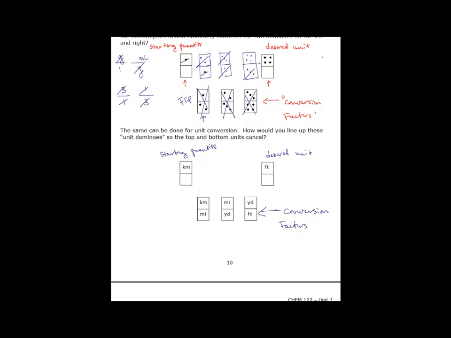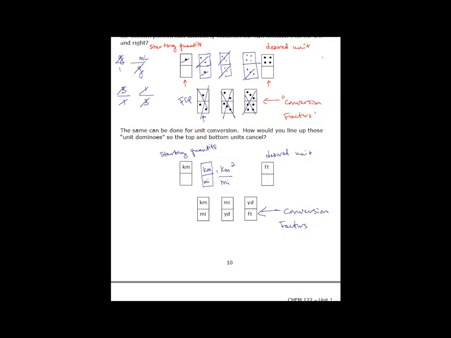So I need to use these conversion factors in a way that allows me to convert kilometers to feet. Now if I just take this domino and use it as is, you see how kilometers doesn't cancel out? If you multiply this out right now, you would get kilometers squared over miles. That doesn't look anything like the desired unit of feet. So I can't do it that way.